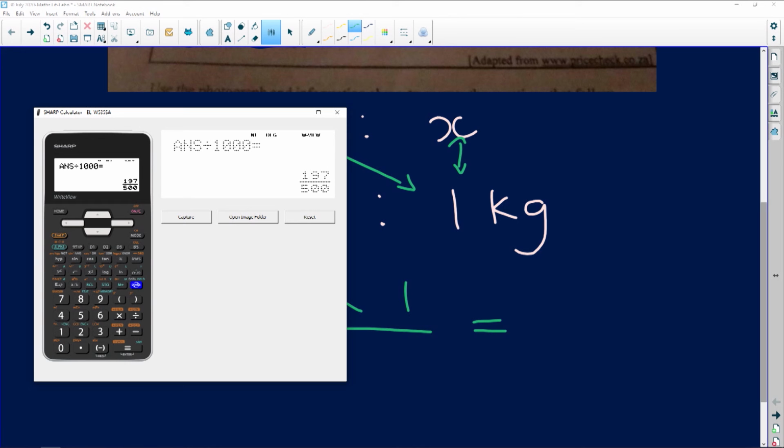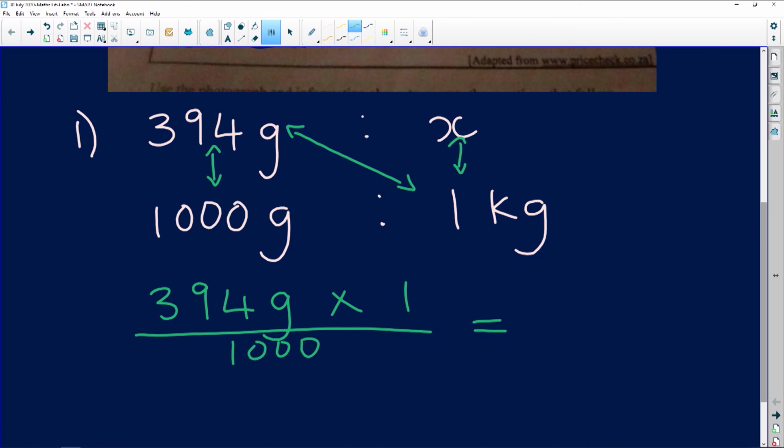And I'm going to press there for change, and it's going to give me 0.9, sorry, be careful. That gives me 0.394. And I need to say kilograms.